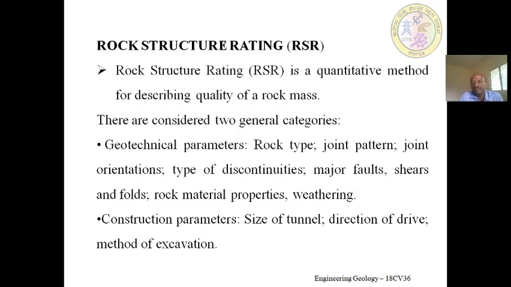In geotechnical parameters, we first observe the rock type, then the joint patterns in a particular rock, then joint orientations and type of discontinuities, any major faults, shears and folds, then rock material properties, even weathering. The second one is construction parameters. In construction parameters, we observe the size of the tunnel, direction of drive and method of excavation.